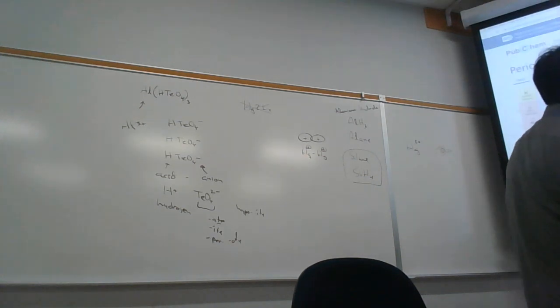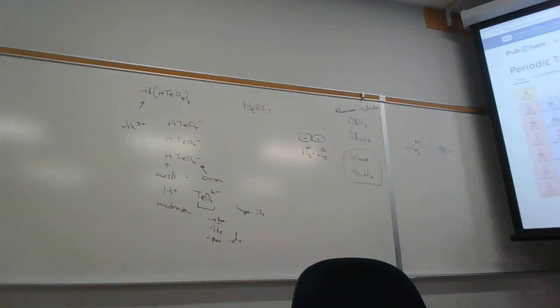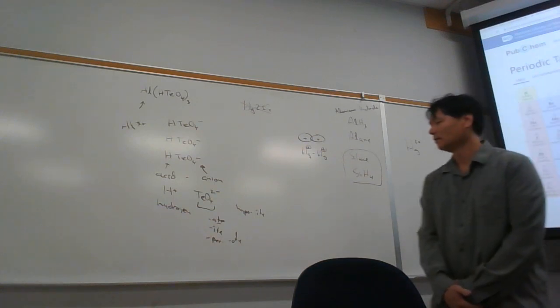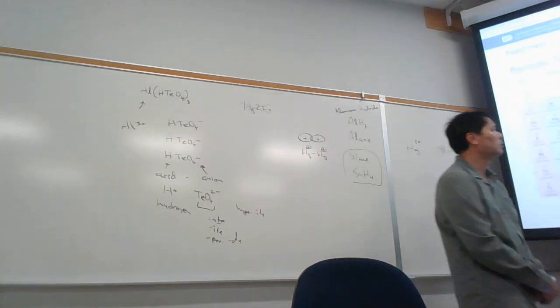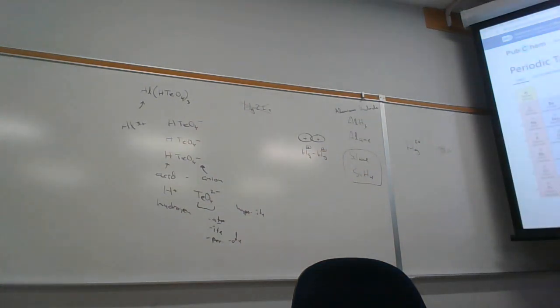It is going to be tellurate. How did you figure that out? Because it's under sulfur, and sulfur would be SO4 2-, so it follows the same pattern. Yes, good. That's how you figure it out.